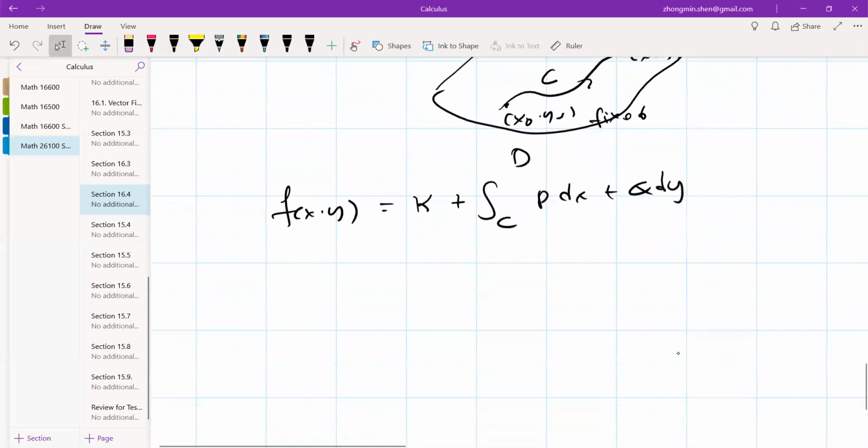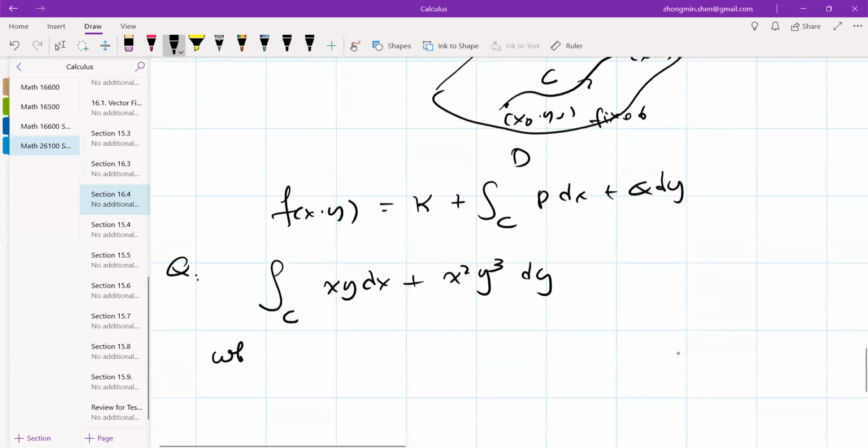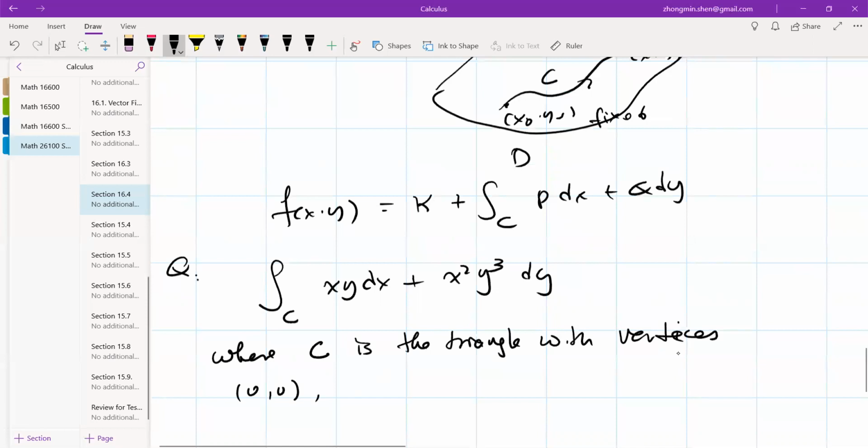Let's do the following example. Evaluate this line integral where C is a triangle with vertices (0,0), (1,0), (1,2), with positive orientation.